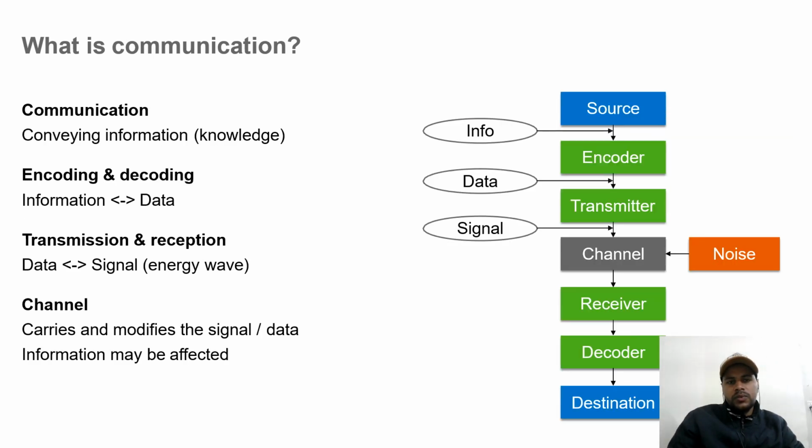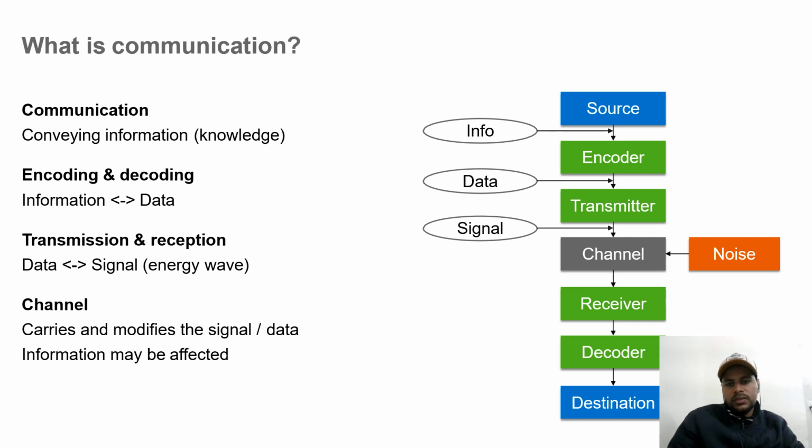Now, what is communication? Communication is nothing but conveying information, knowledge. This is the diagram of how any communication takes place. Source is the origin from which the communication starts. The source has the information, which goes to the encoder, which encodes the information, and the data comes out.